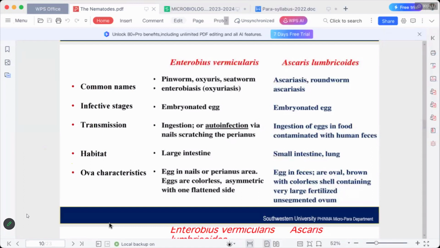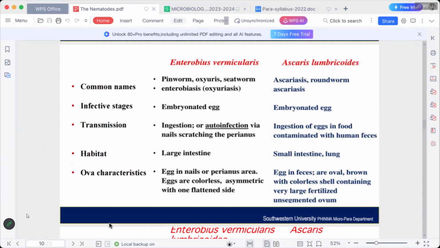The infective stage is your embryonated egg. The mode of transmission is ingestion, of course. Then you will also have auto-infection via your nails or by scratching your perianus. The habitat is your large intestine, and the ova characteristics are eggs in the nails or perianal area. The eggs are colorless and asymmetric with one flattened side.